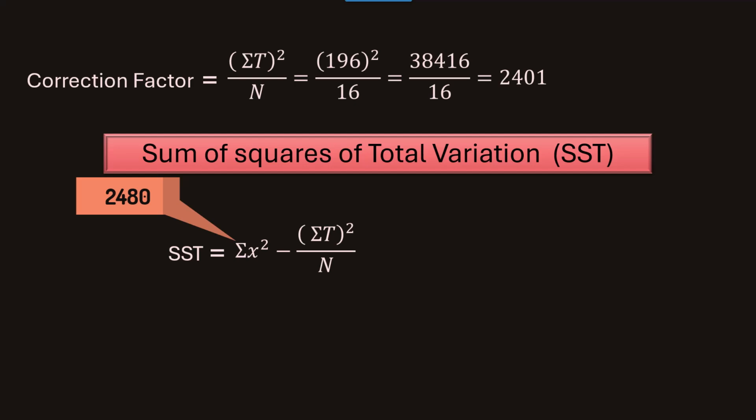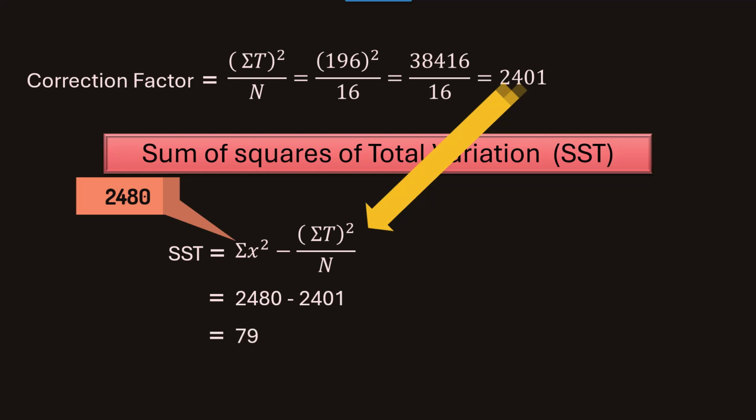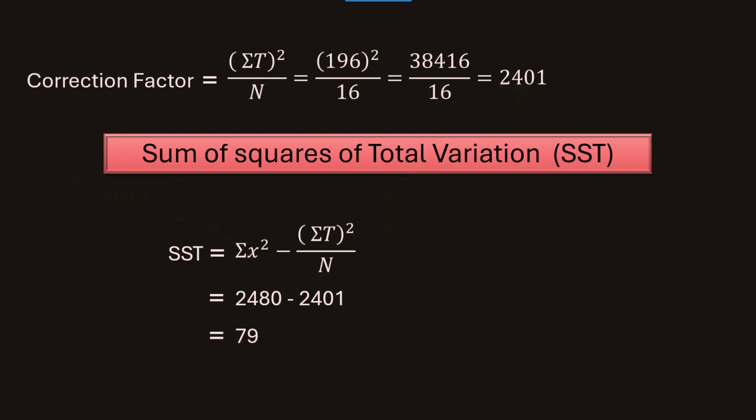It is 2480. Sigma T whole squared by capital N is the correction factor. Already we have calculated the value. It is 2401. Then 2480 minus 2401, 79.